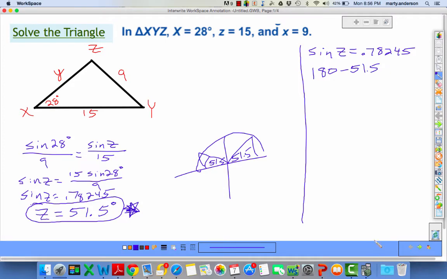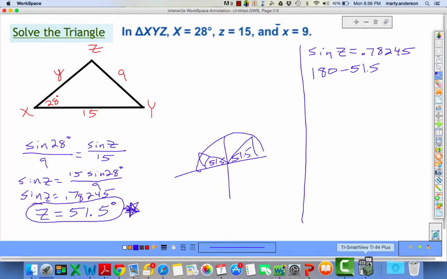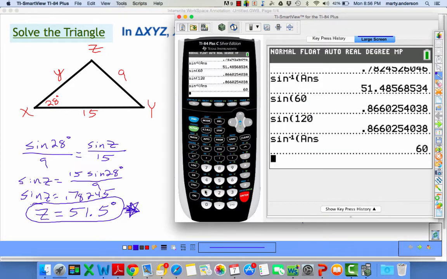And when I do 180 minus 51.5, I get 128.5.